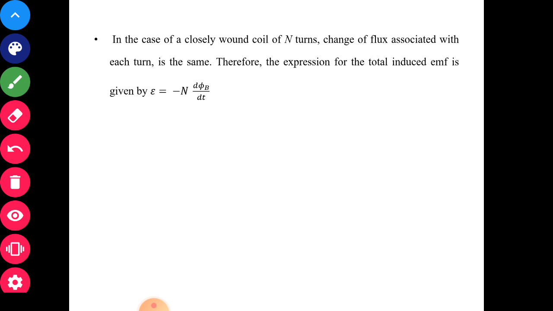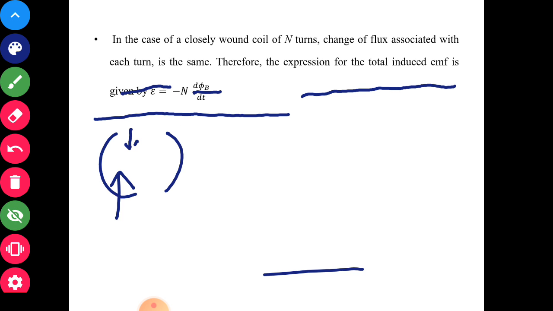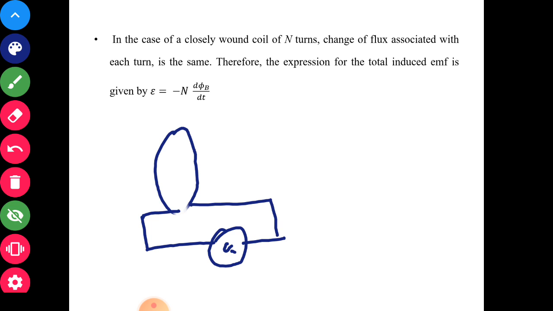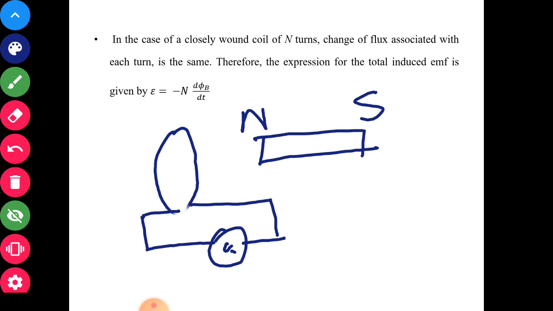Now, if you have n number of turns, say for example you have one turn and you have joined a galvanometer with this coil, and a magnet is brought close to the coil, then the galvanometer shows a deflection.